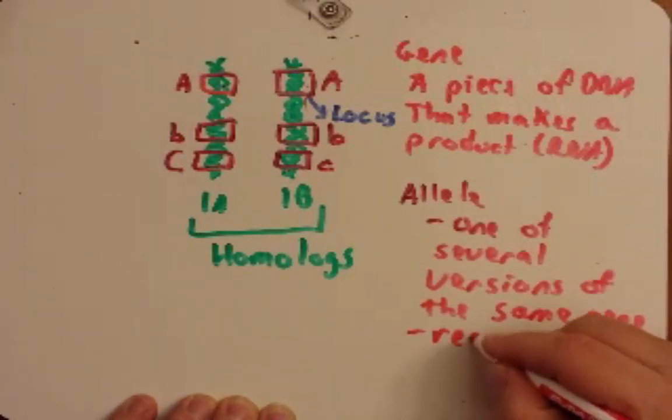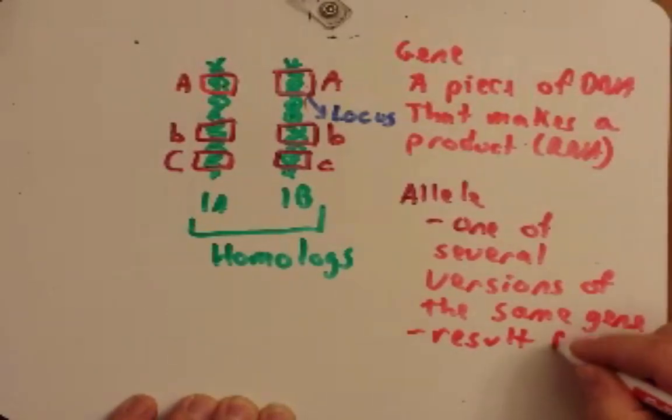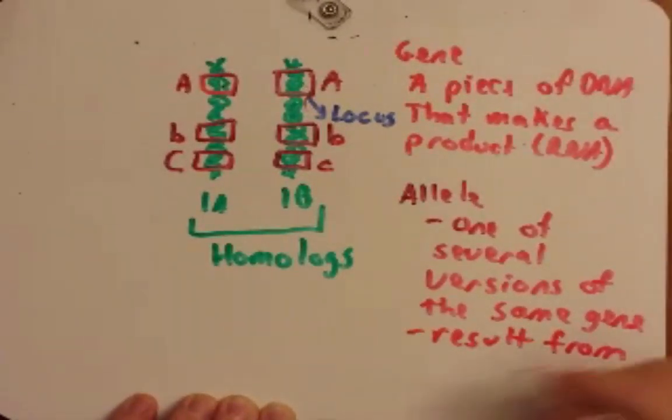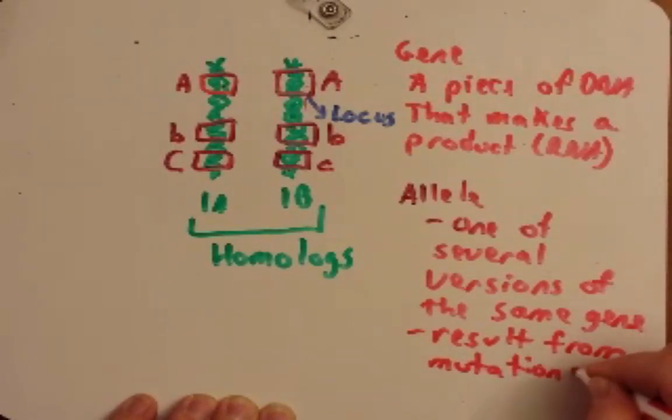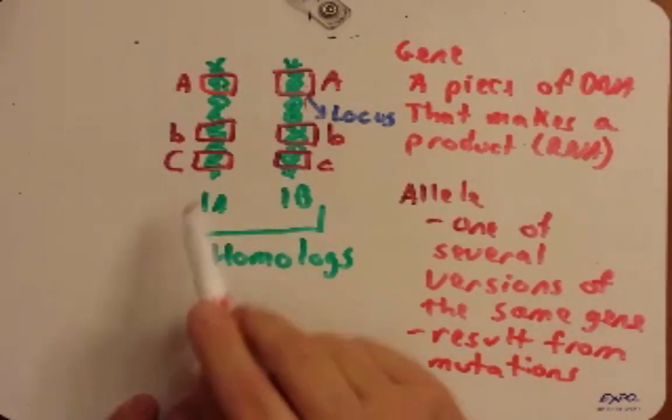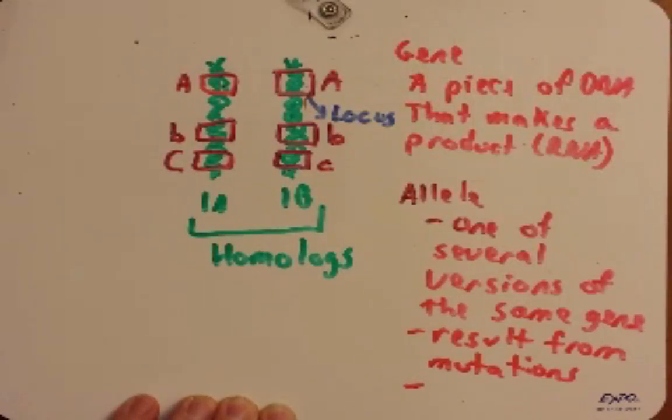Different alleles result from mutations. These different alleles that form because of mutations result in variation. If we didn't have different alleles, we would have no variation. So again, alleles are simply just different versions of the same gene.